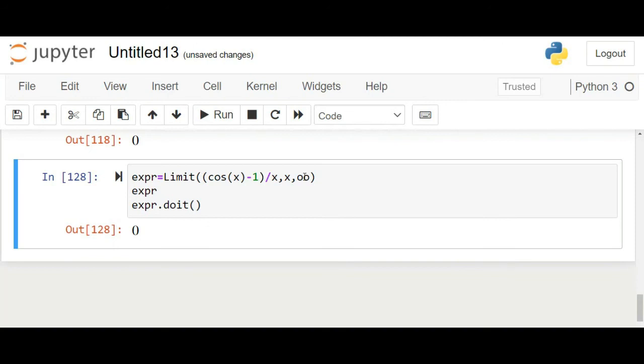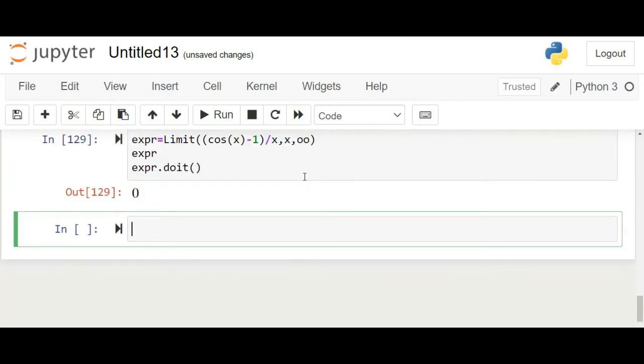Now we want to move a little forward. We want to find the limit of 1 divided by x, comma 0, comma inside single quotation marks plus.